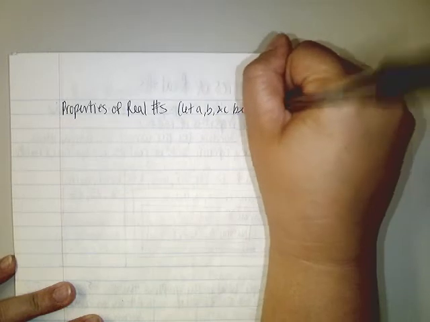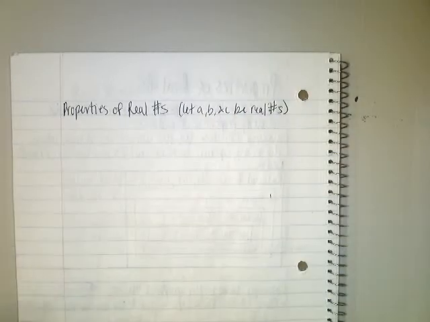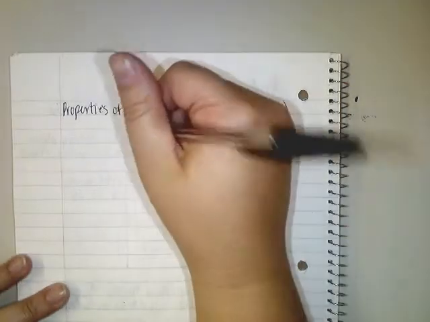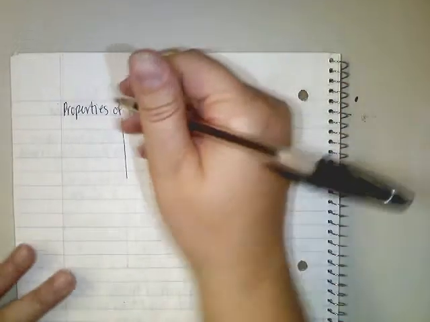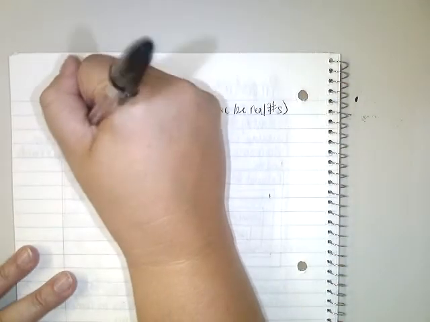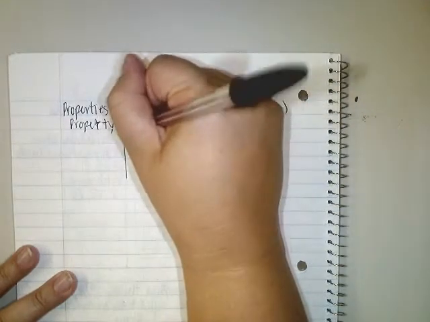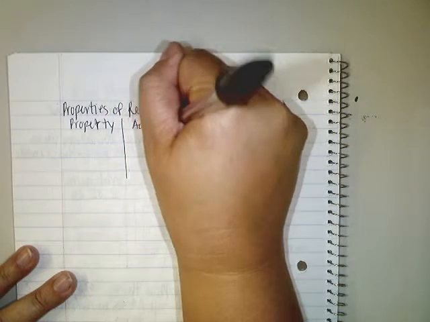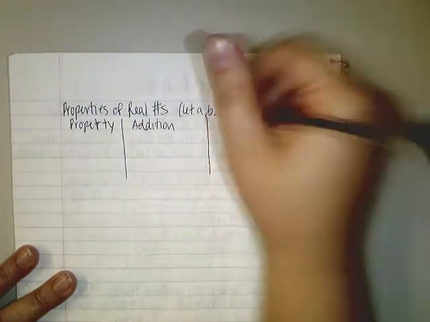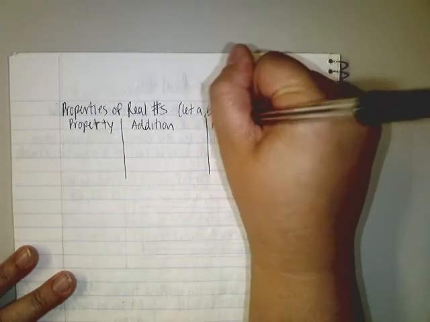So obviously these are properties of real numbers. So when we're talking about numbers or using variables to represent numbers, we're talking about real numbers, not imaginary. So we're going to make a little table with the property here, and then the addition version of that property, and then the multiplication version.